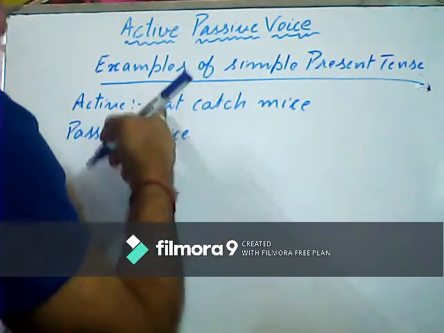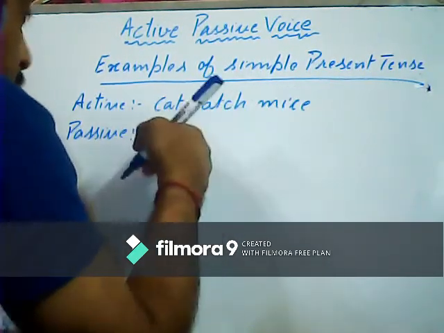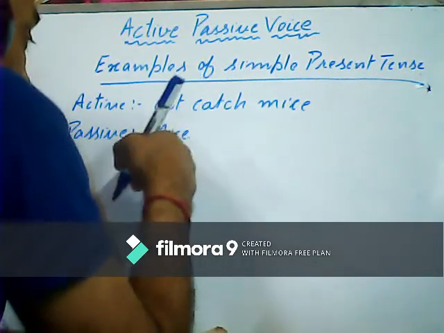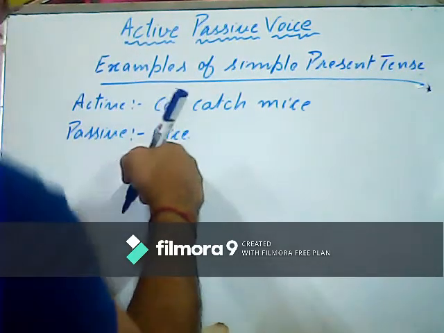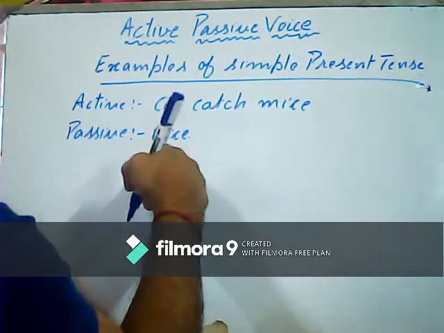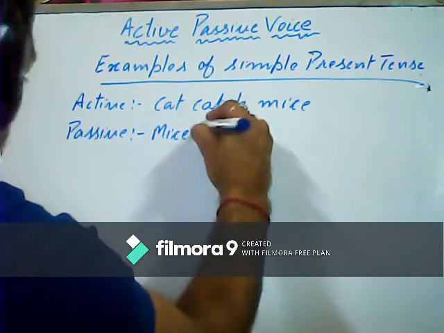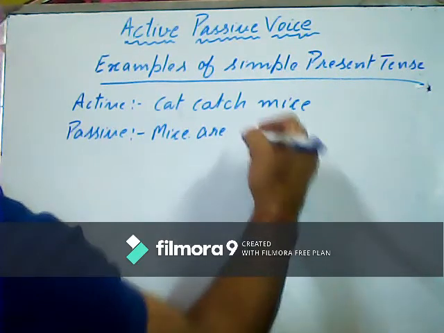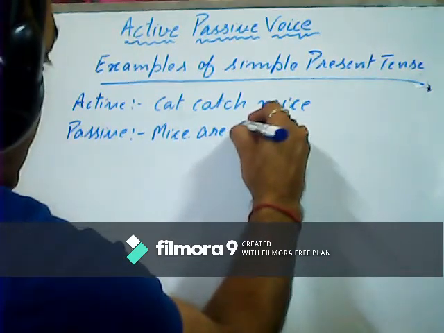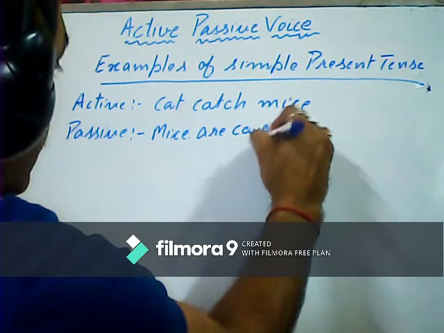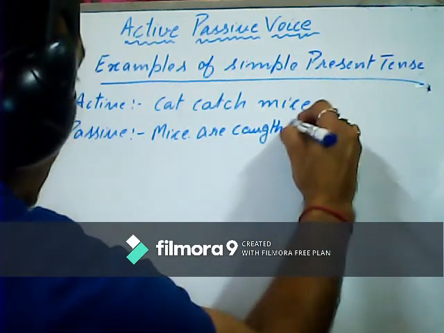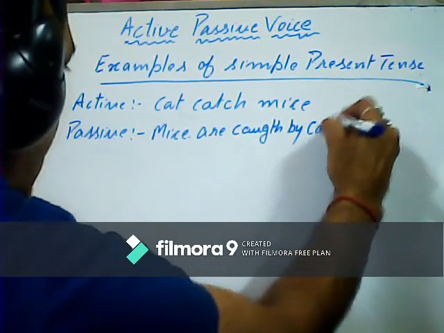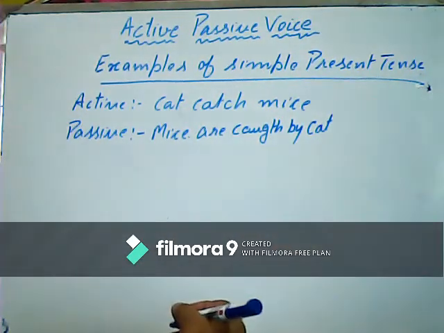Because cat was singular but mice is the plural form of mouse, we'll use the helping verb according to the plural form of the new subject, that is mice. Mice are, because it is plural we'll use are. Mice are, the third form of the verb catch is caught, by cats.